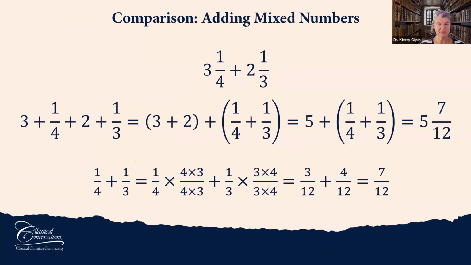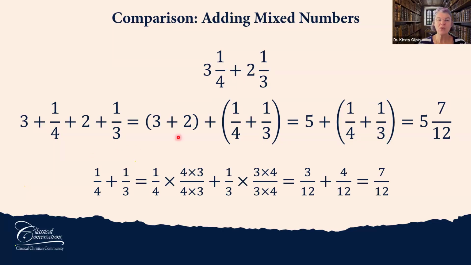Now, when we add our mixed numbers, if we remember that we have addition and addition, notice I have 3 plus 1/4 plus 2 plus 1/3. So now my associative and commutative laws say that I can take my ones and combine those, and then take my fractions and combine those. And so my 3 plus 2 becomes 5.